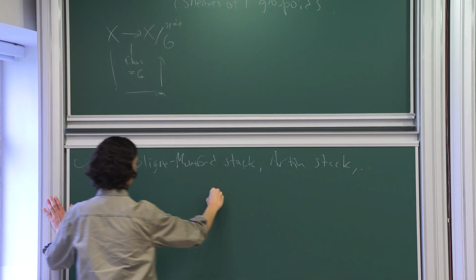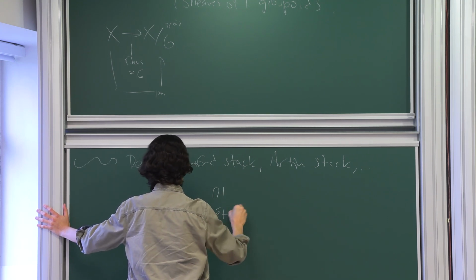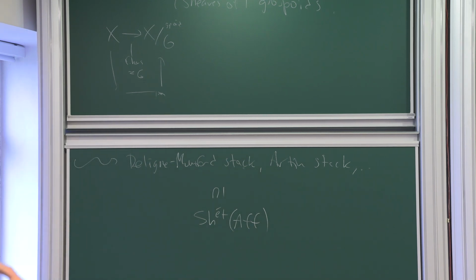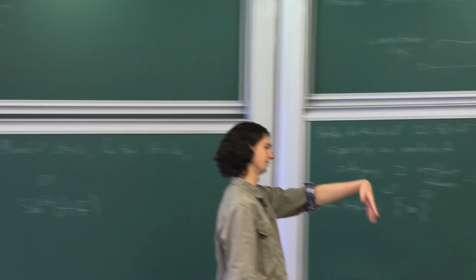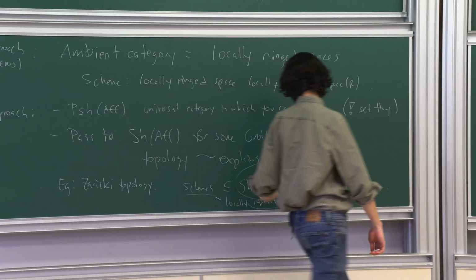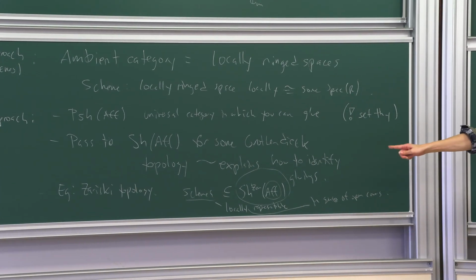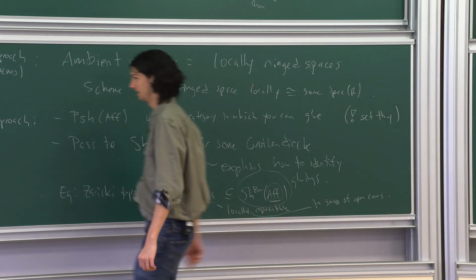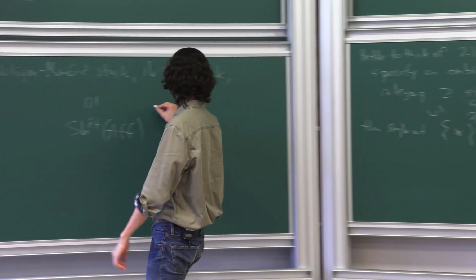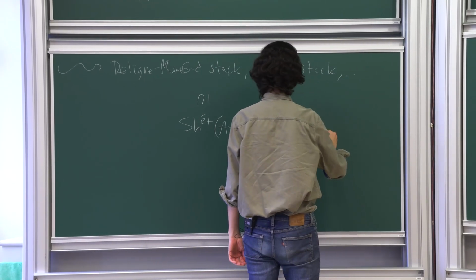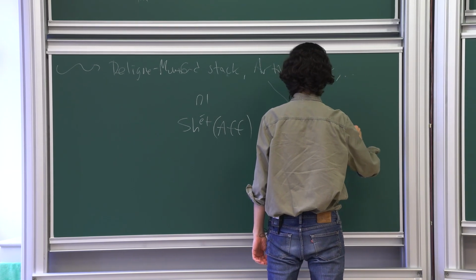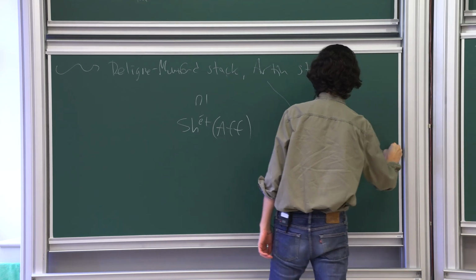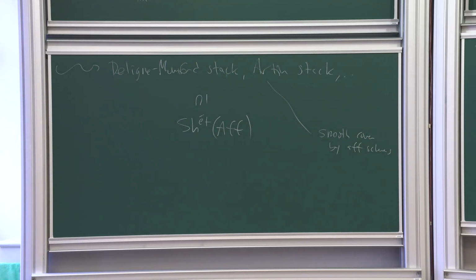So these are all full subcategories of étale sheaves, say, on affine schemes. Whereas in the discussion of schemes we had Zariski sheaves, you could have also put étale there. It doesn't change anything in terms of the category of schemes. And you wanted them to be locally, in the sense of an open cover, represented by something here. Here you more or less require that you have a smooth cover by affine schemes. And there are maybe some technical things you want to put in there as well.